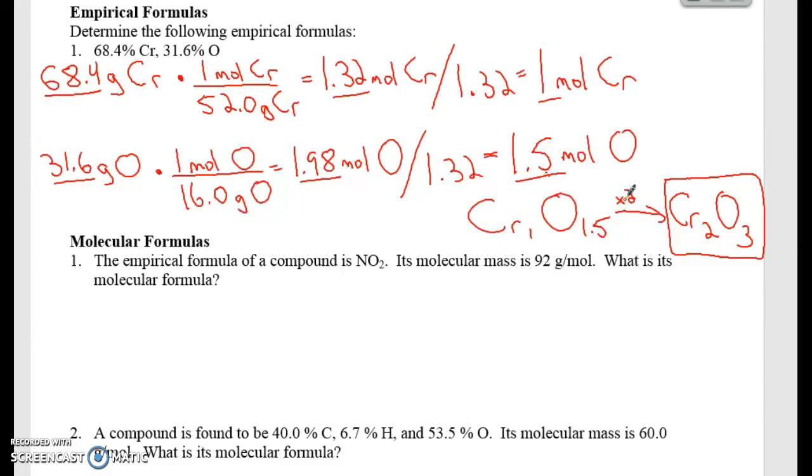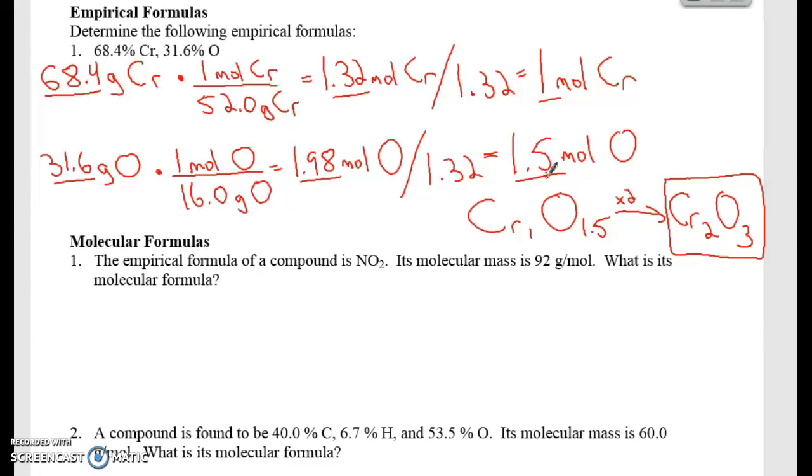Now for our 5.0 chem class, you're either always going to get whole numbers or something very, very close to a whole number, or you're going to get something that ends in half, like we have here, or a quarter or 3/4, or a third or 2/3. Now what gets to be a little tricky is, say you get something that ends more like 1.4. You're not really close enough to 1.5 to consider multiplying by 2, and you're not really close enough to something ending in 0.33 to multiply it by 3.